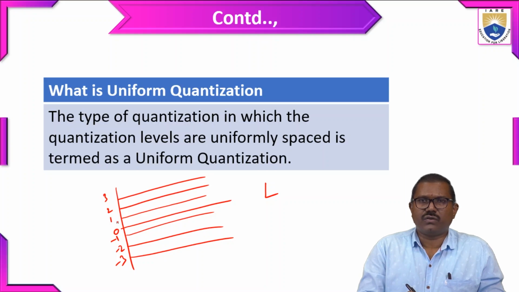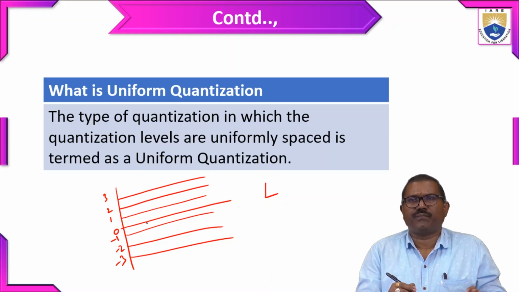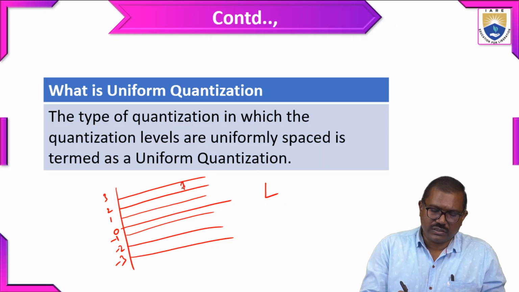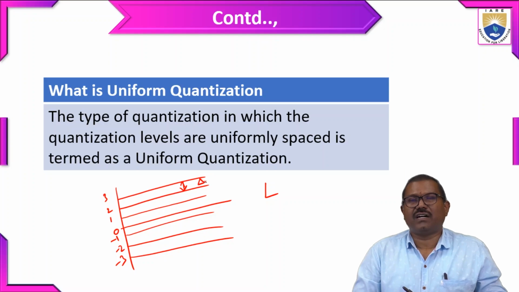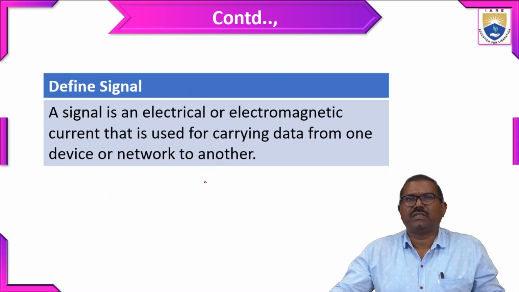We can take from 0 to 1, 1 volt; 1 to 2, again 1 volt; 2 to 3, 1 volt. On the negative side it is also the same. So it is uniformly spaced. The spacing between these two levels is called the step size, delta.